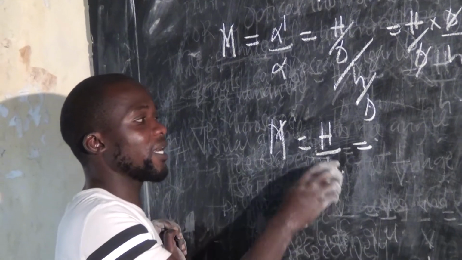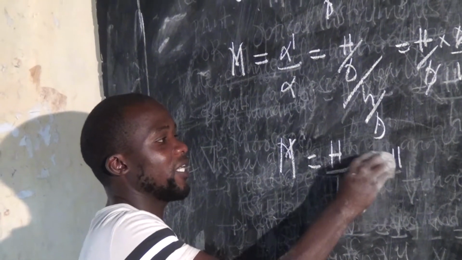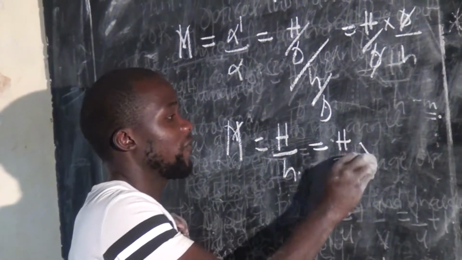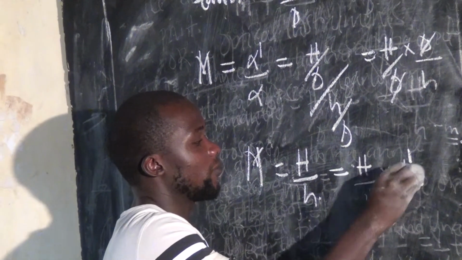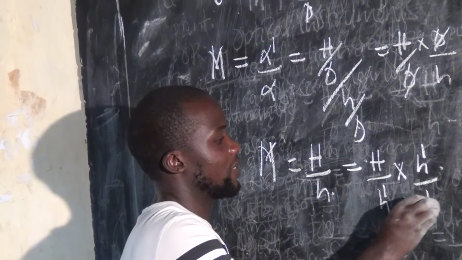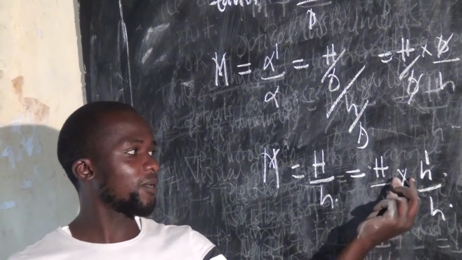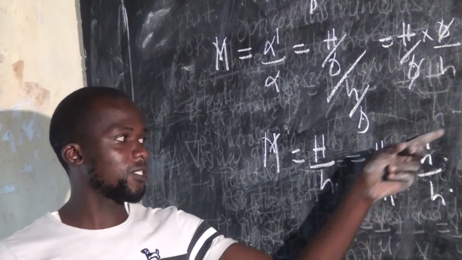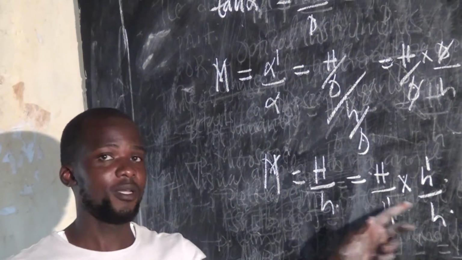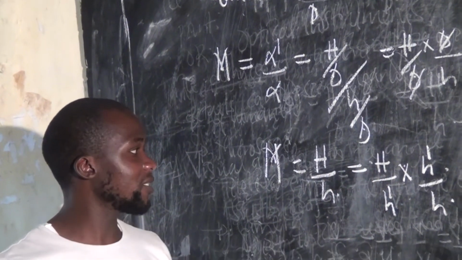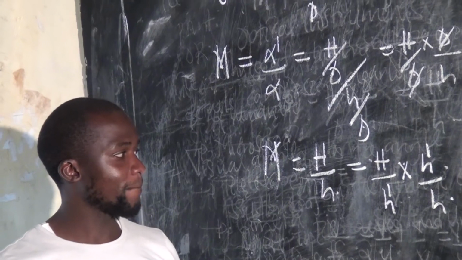Now look at this, I can write this as H over h prime. I want to bring in an intermediate. If you can recall from the chain rule, I can write this as H over h prime times h prime over h, because the h prime can simply cancel. That would be the chain. It's like as if I have not done anything.